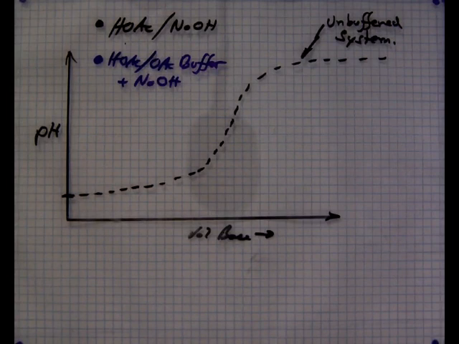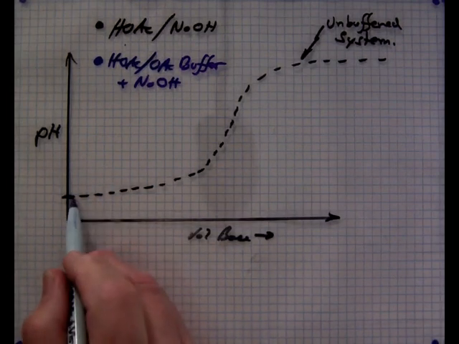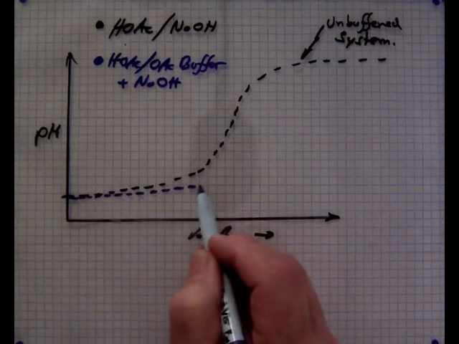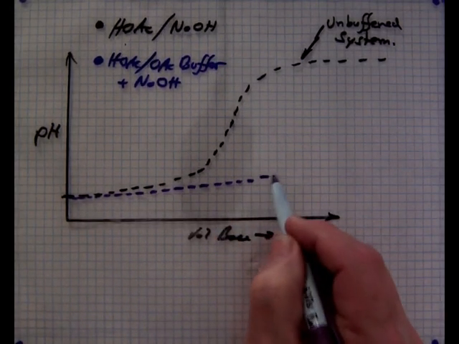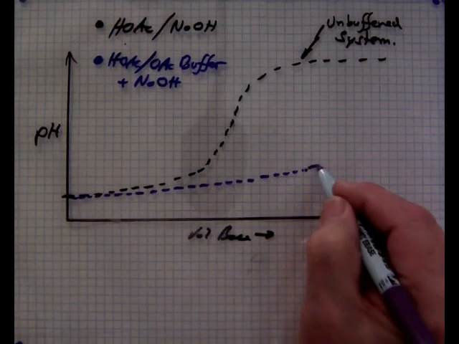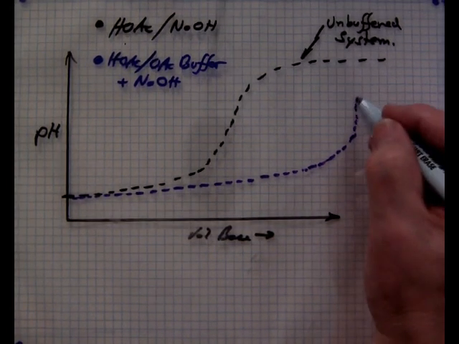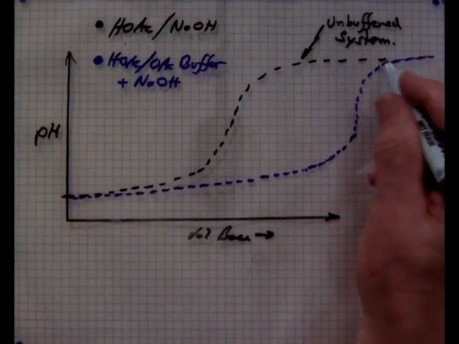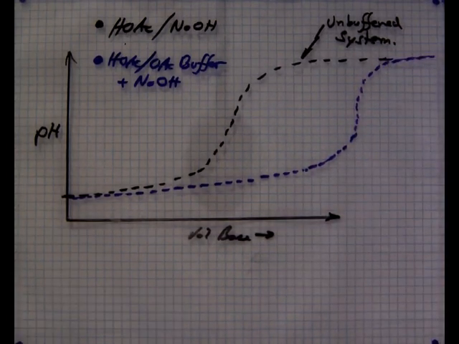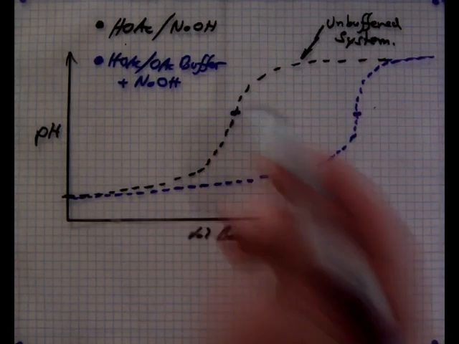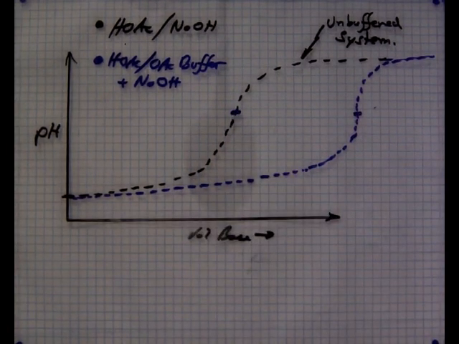As you add the excess base into the titration, what you would observe is a trend like this. Very slow change in pH, and then at some point downfield it will break the buffer and show the same equivalence point as acetic acid would normally show.